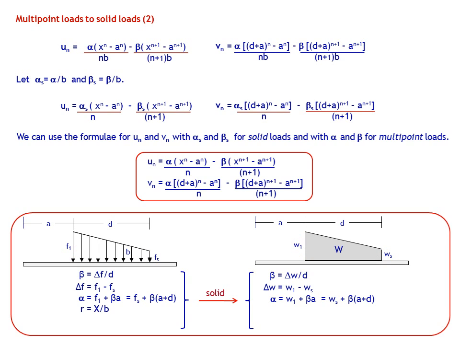R, which was equal to big X over b as b goes to 0, now becomes just big X, and S, which was equal to d over b as b goes to 0, now becomes just equal to d. By redefining these parameters in this way, we can now apply the global deflection equation to solid loads.